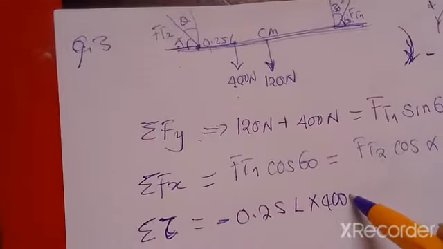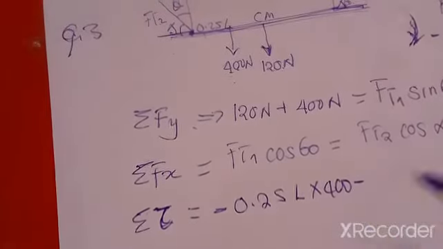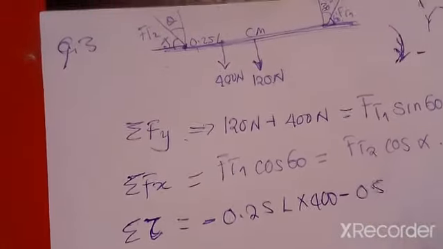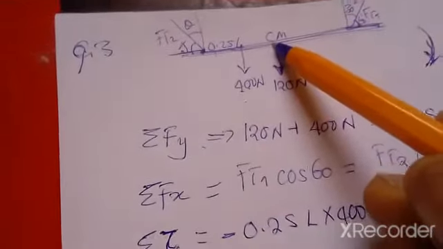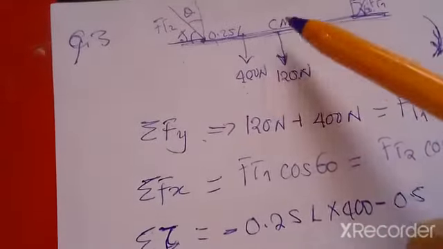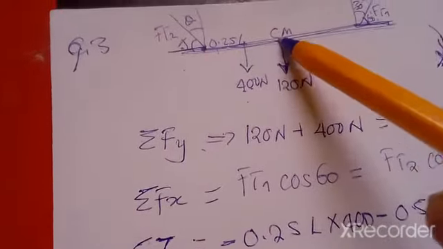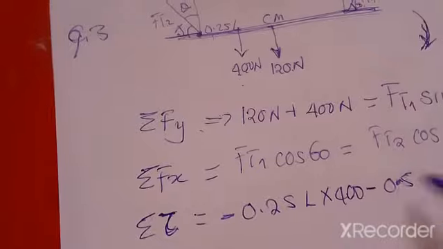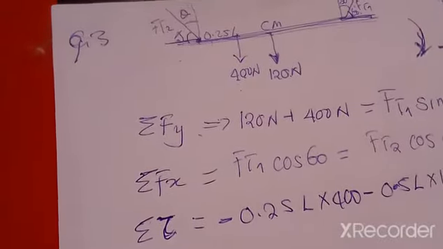Then we'll have minus 0.5. Mind you, it's at the center of mass. Usually we take the middle or the central part of the object as the center of mass. So since this is going to be halfway, that will be 0.5. So 0.5 L multiplied by 120 newtons.